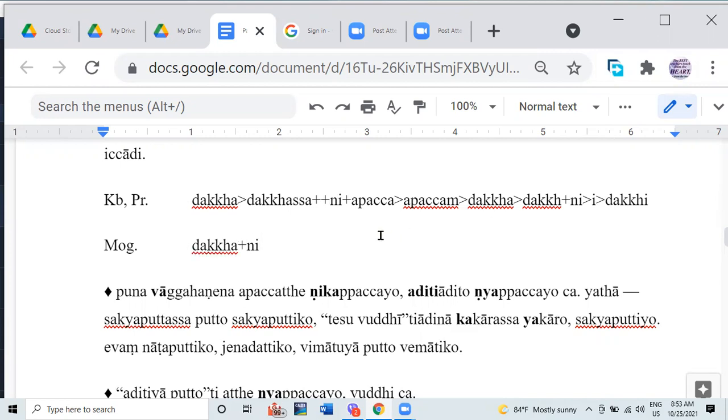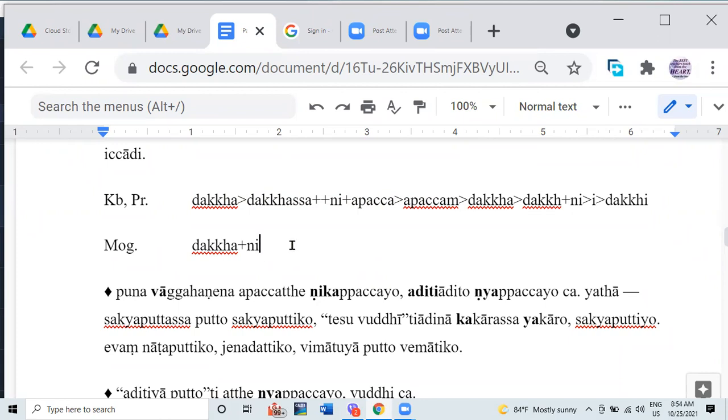So Moggallana skips these steps, like this. Daka is already the word whose case ending has been already dropped.